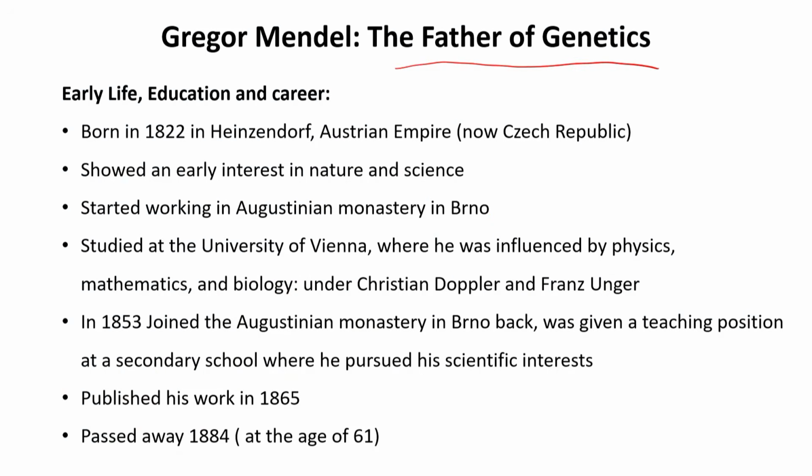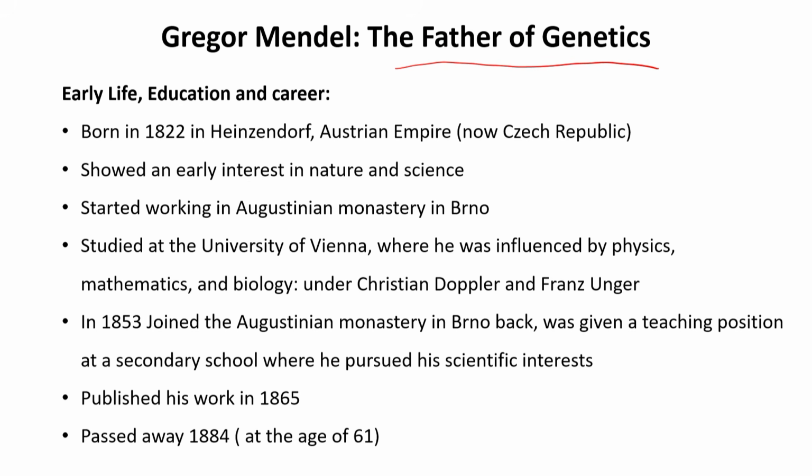So after his studies, he came back to the monastery and started working there. He was given a teaching position, teaching secondary school students, and on the side he was working on the scientific questions that he wanted to address. So he published his first paper.